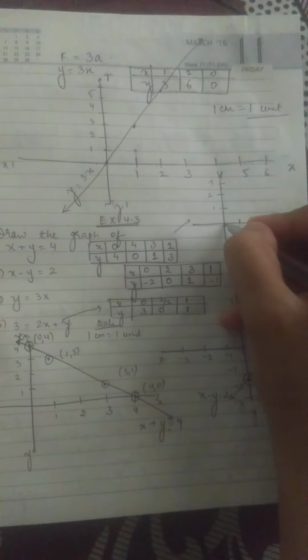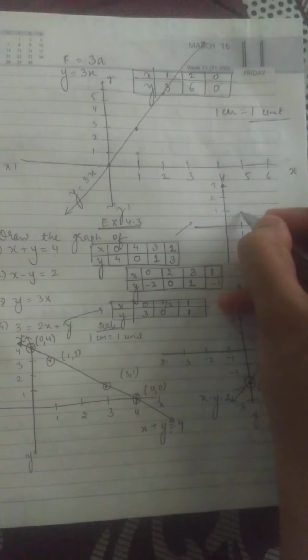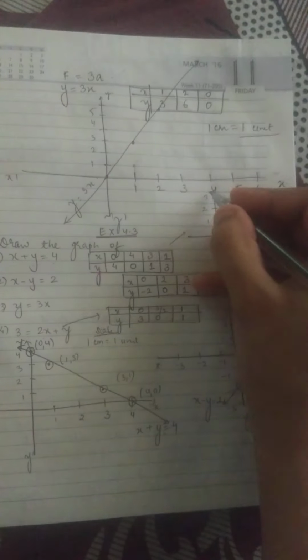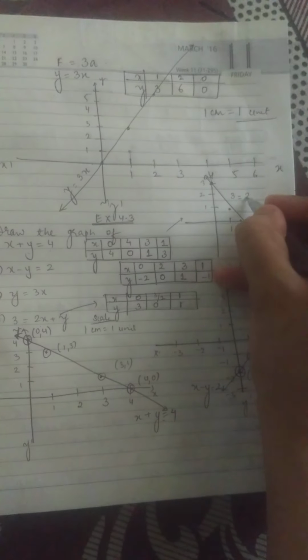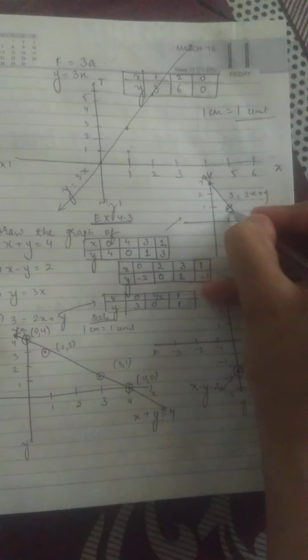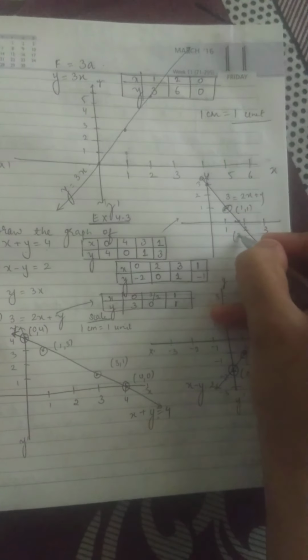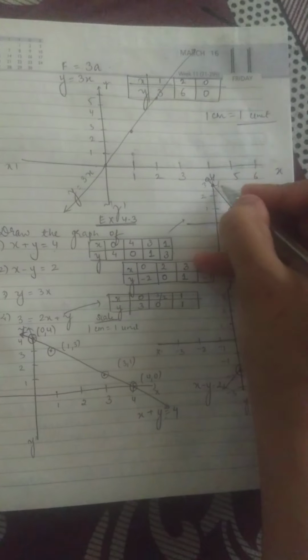So 0, 3 is here. 1, 1 is here. 3 by 2 means 1.5, so our graph will look like this. 3 is equal to 2x plus y. Label it 1, 1, 3 by 2, 0 and 0, 3.